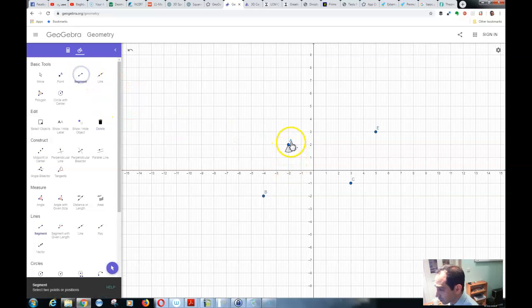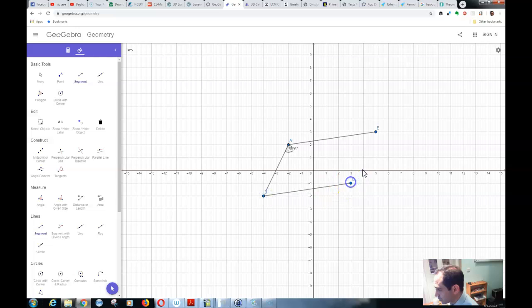Meaning that if I find a line segment over here, and a line segment over here, and a line segment over here, this is also actually a parallelogram. And I can go over here and measure these angles, which is 124.7.